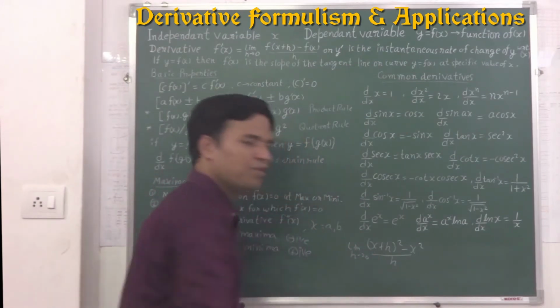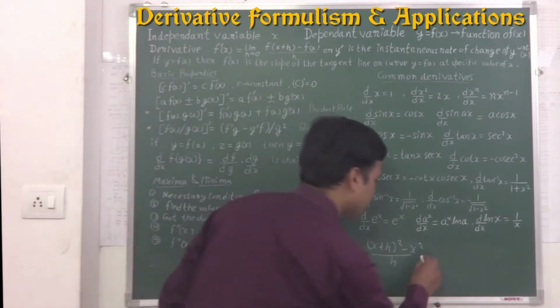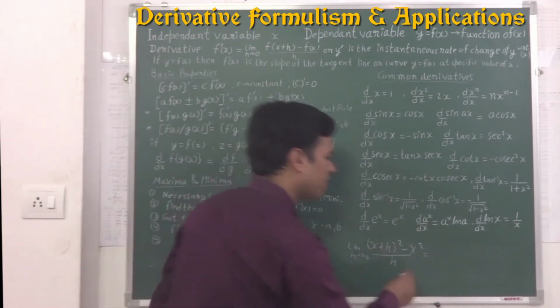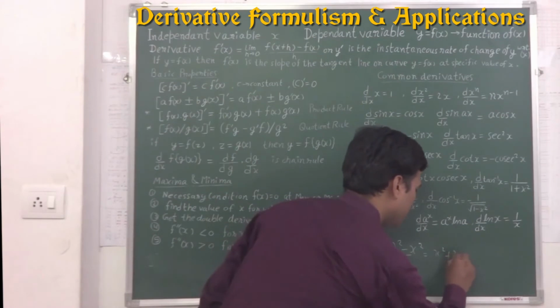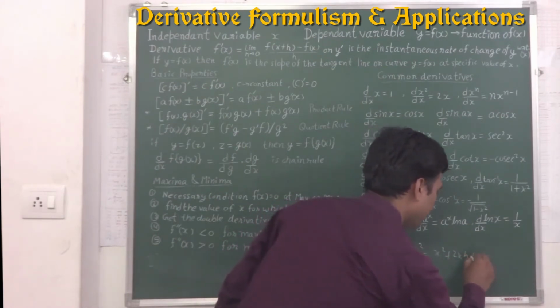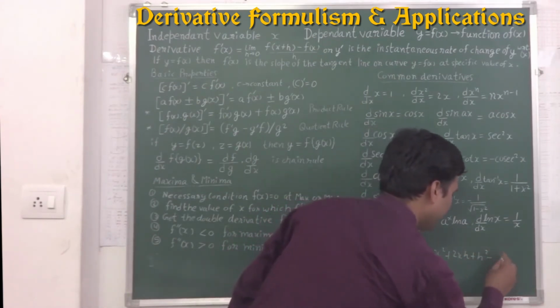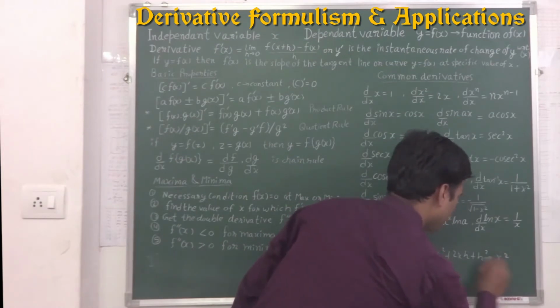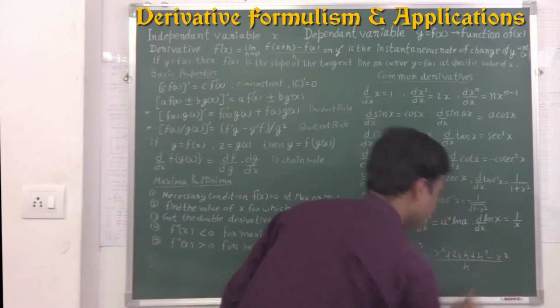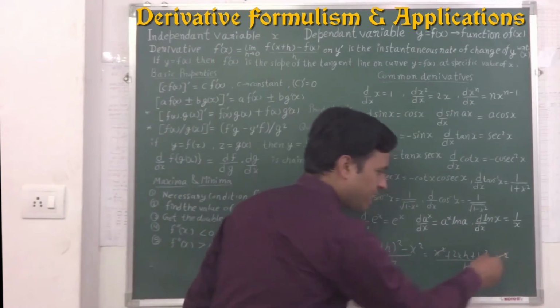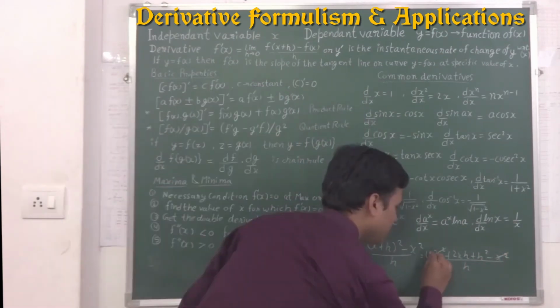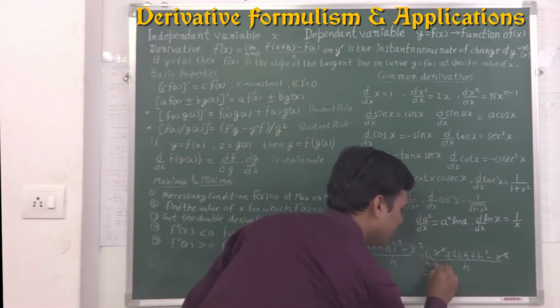It will give you the first derivative of this function. Now expand: x square plus 2xh plus h square minus x square upon h. The x square part is cancelled out. Use the limit h tends to 0.